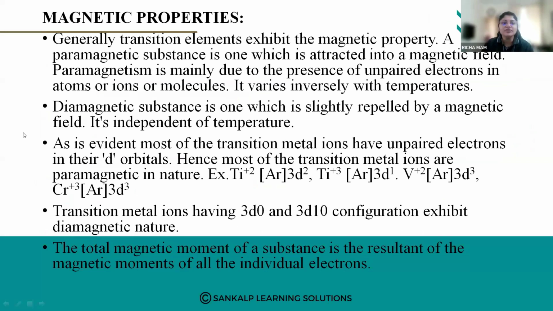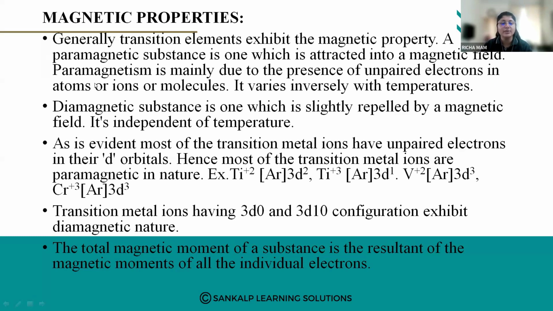As we have seen from the general electronic configuration, most of the transition metal ions are paramagnetic because of the presence of one or more unpaired electrons.